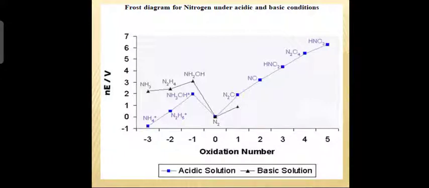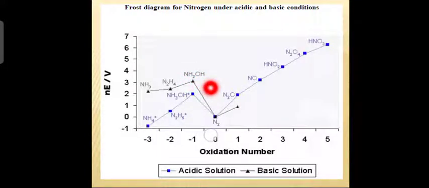Now in this diagram, you can see the point for NH2OH lies above the line connecting the points for NH3 and N2. So it is much above NH3 or N2, and therefore it is thermodynamically less stable than the other 2 species.